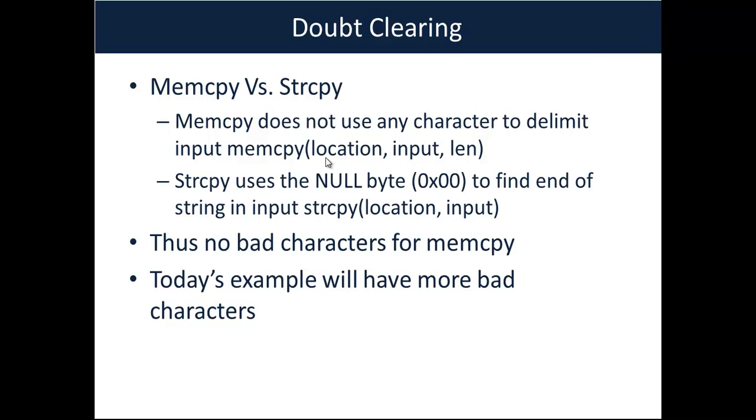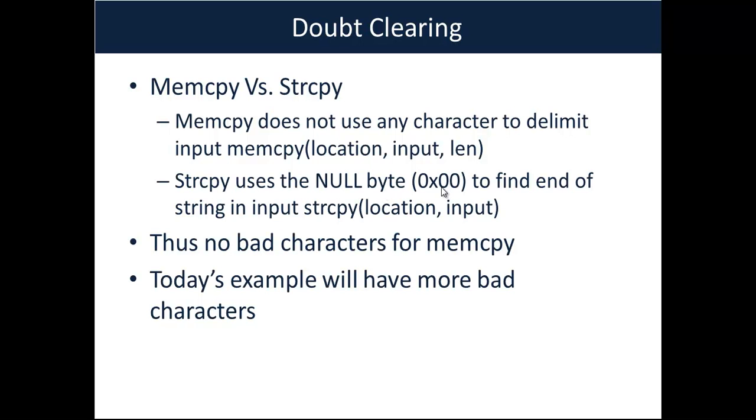So memcpy deals with memory locations and considers them just as single bytes, and the only way it decides how many characters to copy is by the length value. It is immaterial what characters are actually there in input. In contrast, strcpy uses the null byte, which indicates the end of string.